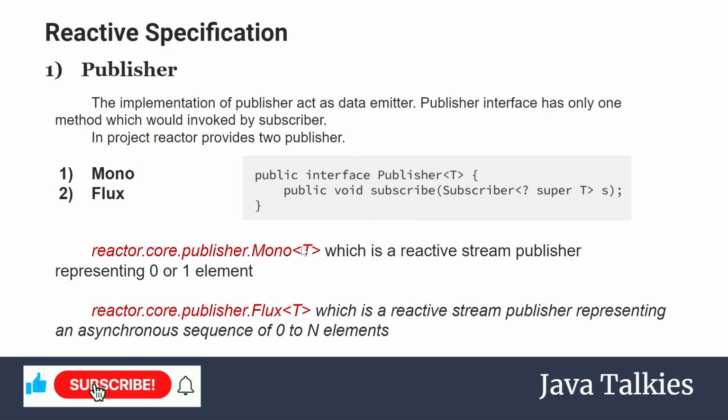And Project Reactor provides two publishers, Mono and Flux, from the Reactor Core library. The Mono represents 0 or 1 element. Flux represents an asynchronous sequence of 0 to n elements.